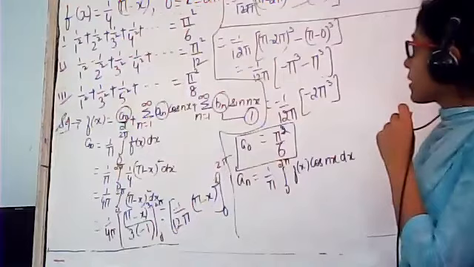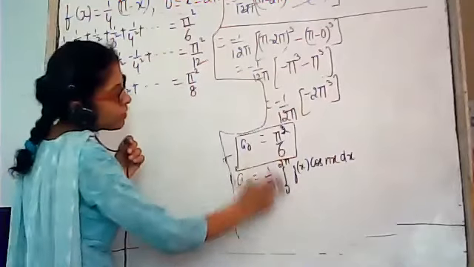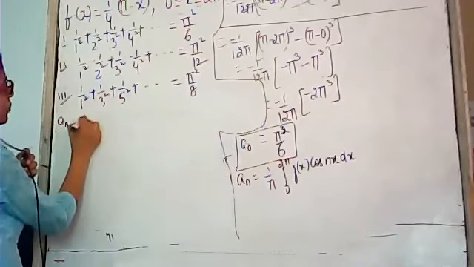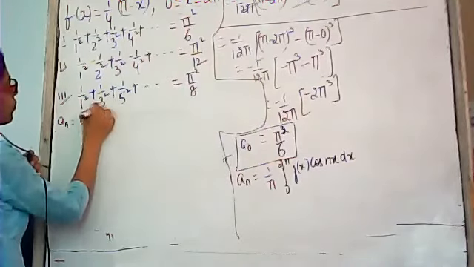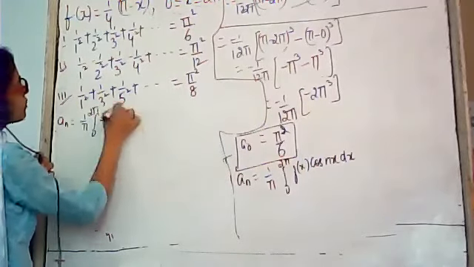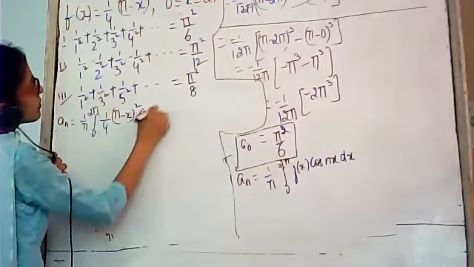Yes ma'am. An is equal to 1 by pi, integral from 0 to 2 pi of f(x) cos nx dx. The value of f(x) is 1 by 4 (pi minus x) the whole square, into cos nx dx.